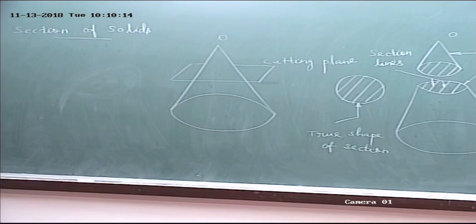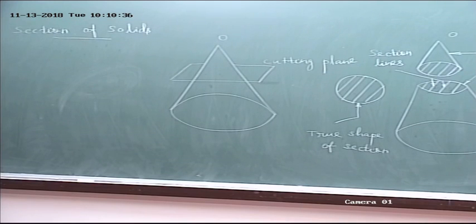So refer to unit 2, where we have discussed the simple solids. What are the simple solids? Prisms, pyramids, cylinder, and cone. Sectioning of above solids: prisms, pyramids, cylinder and cone.